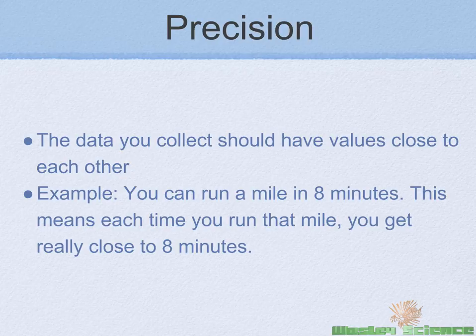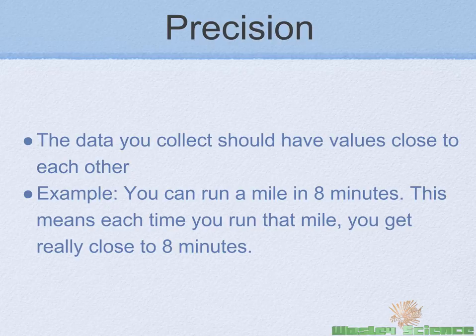So let's now talk about precision, how to have precise data. Precision is really easy to do, and you could always do it in any of these experiments as long as you did multiple trials. Precision is when you look at each trial and you see how close each number is to one another. So if you look at all 3 trials and you have one number that's way off, then that wasn't a really precise trial, so you shouldn't include that.